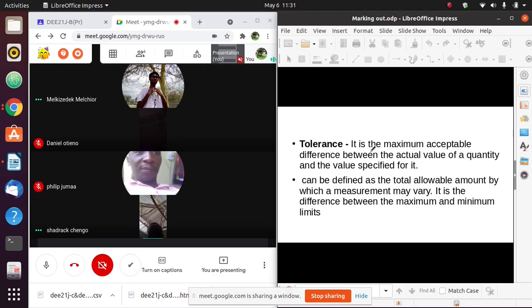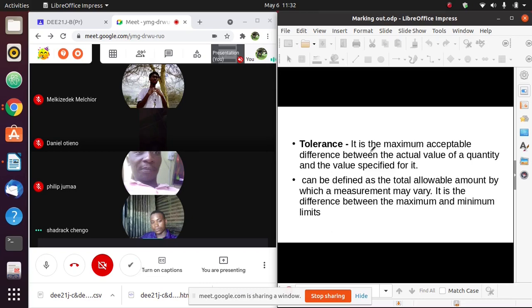Okay. Now I was saying, when we make a measurement, you'll find that we have that allowance in the measurements that we make. That allowance enables us to fix any errors that we get. Kwa mfano, if I want to cut a 10 centimeter piece of metal, I will not cut exactly 10 centimeters.